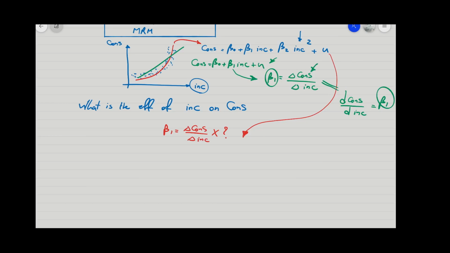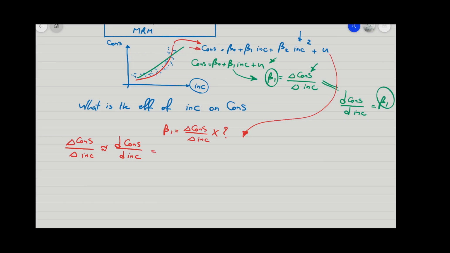This means that if I'm curious, again in the multiple regression model, what is the effect of income on consumption, I have to take the derivative of consumption, basically the derivative of this formula with respect to income, right?